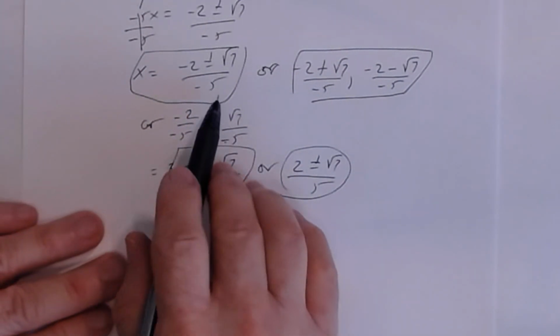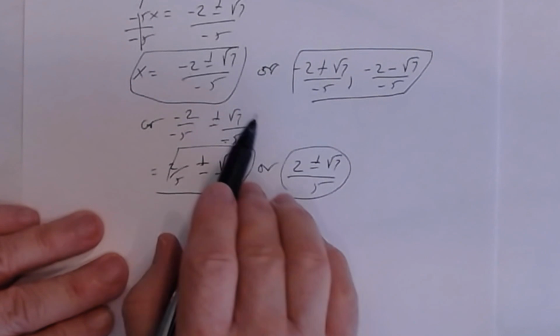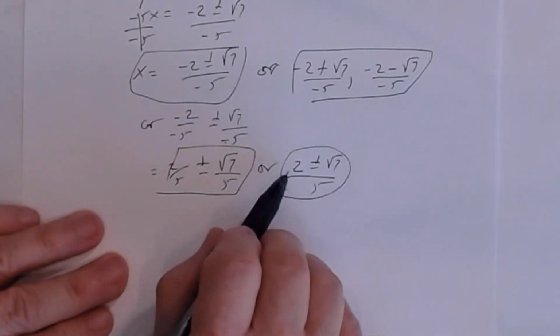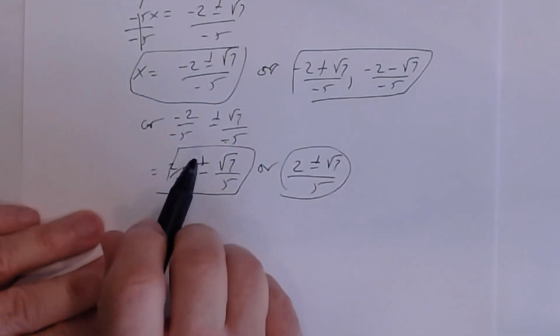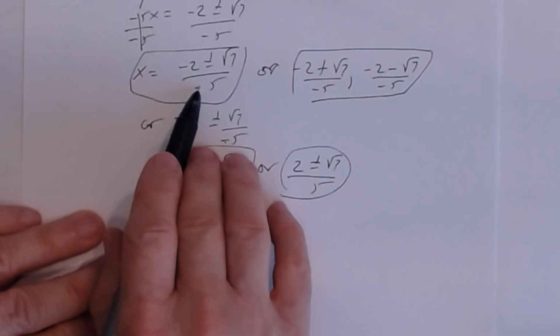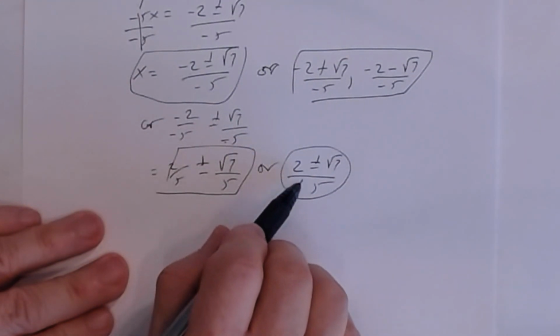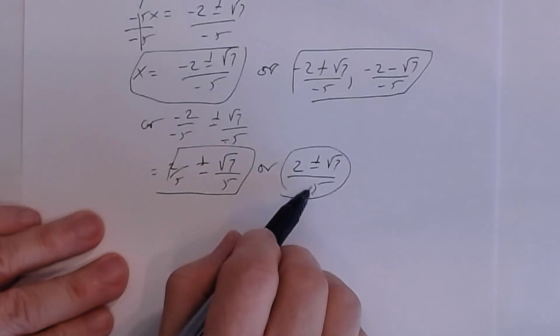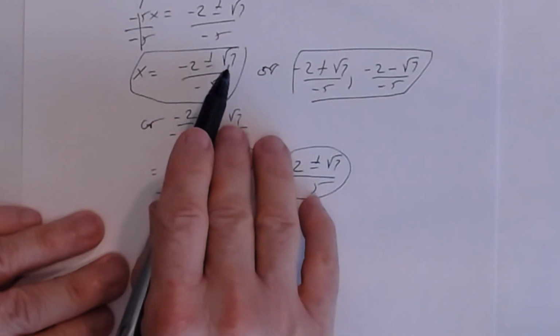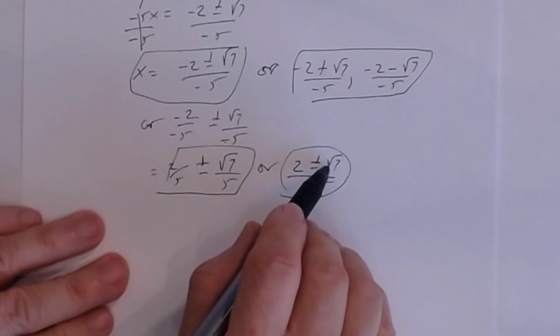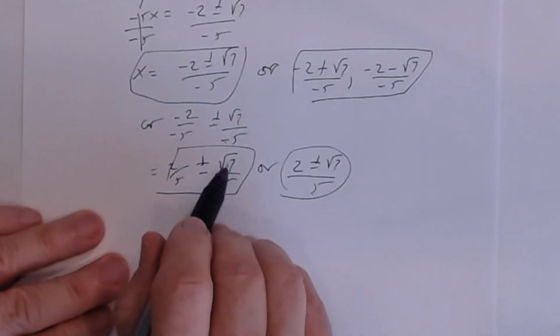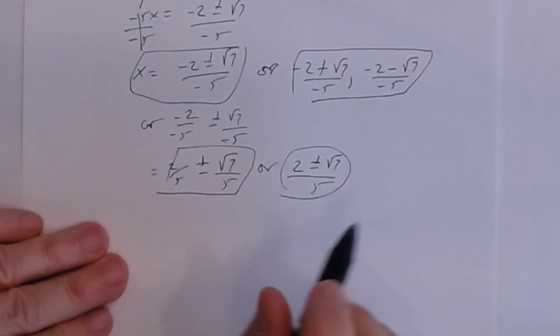So you just got to recognize that this and this are equivalent. A negative 2 divided by negative 5 is a positive 2 divided by 5. A plus or minus square root of 7 divided by negative 5 is a plus or minus square root of 7 divided by positive 5. Those are all equivalent. All right, so that's number 3.